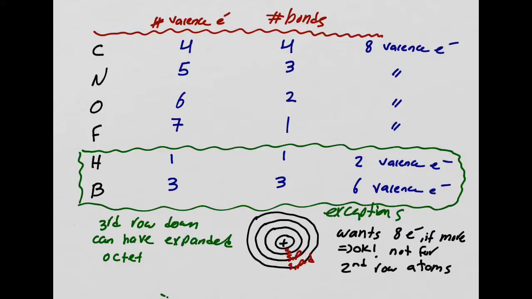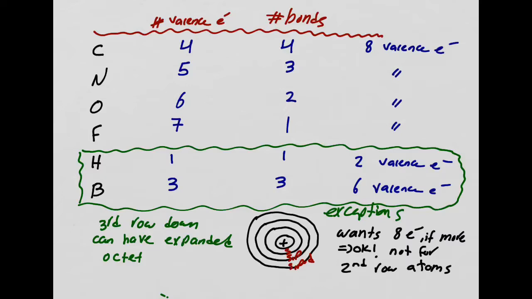So everyone wants to have 8 electrons, except hydrogen wants 2 valence electrons, boron wants 6. Everyone wants 8. But what happens if you end up having more than 8? It's okay. It's okay to be extra happy as long as you're not on the second row of the periodic table.